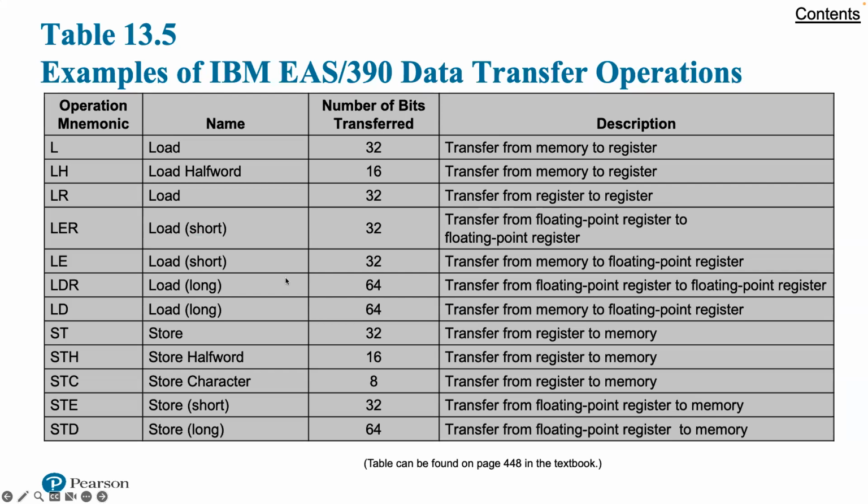So here are some examples from an IBM, some of their instructions. We can see load, load, load, and you can see that it's not just one type of load. Am I loading a half word, a short, a long? These would be integers, characters.